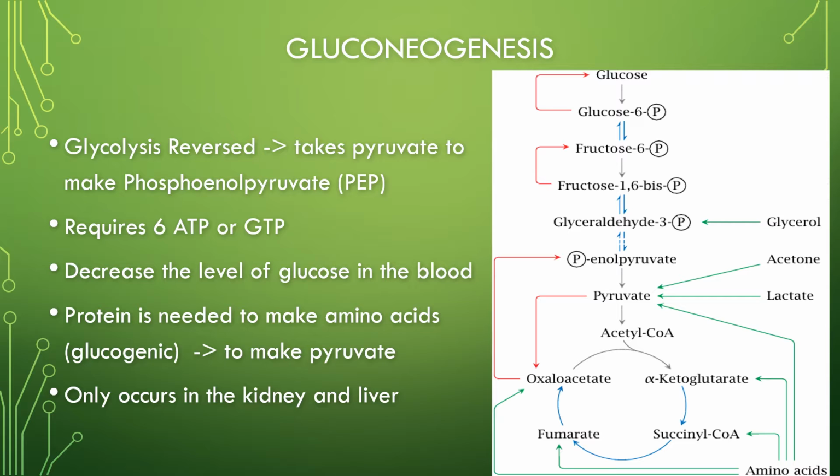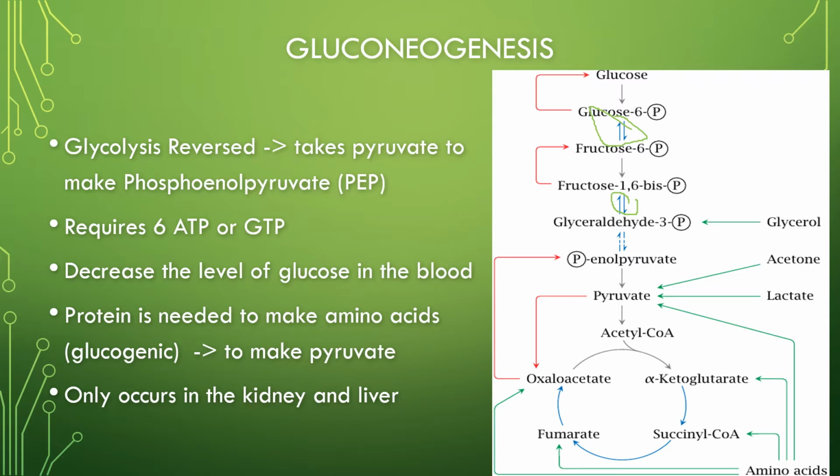Like I said before, as you can see, the arrows going different directions mean that they can go either way. It's reversible. Now, glycolysis is not a reversible pathway, but gluconeogenesis is, so keep that in mind.